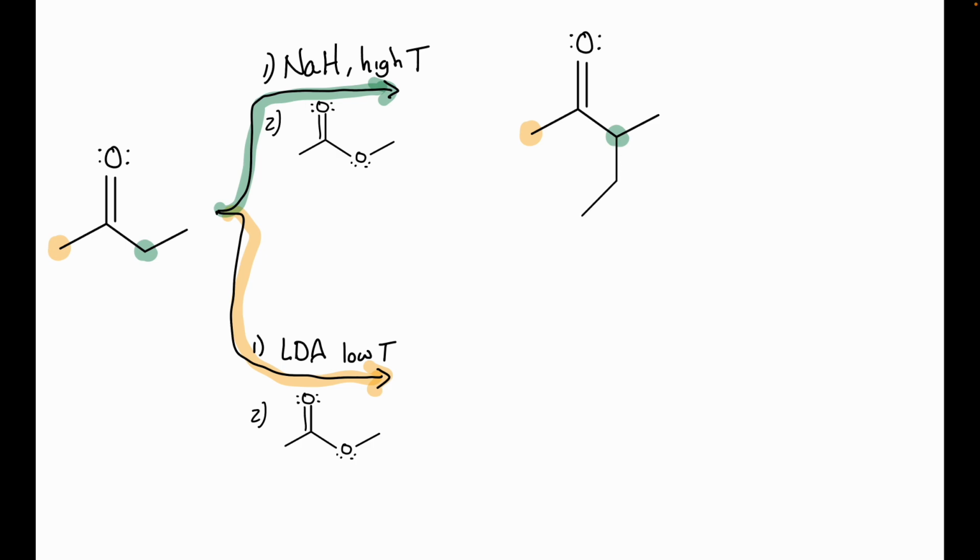And so that's exactly what happens. We lose that leaving group and we reform our carbonyl group. So I've added these one, two carbons on to my alpha carbon. And again, I have my same three carbon spacing that I always have.